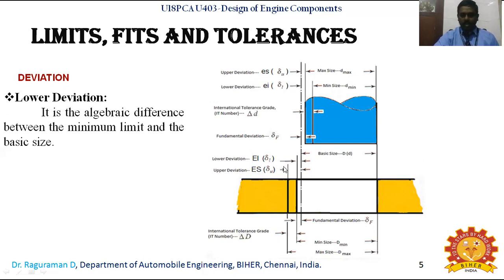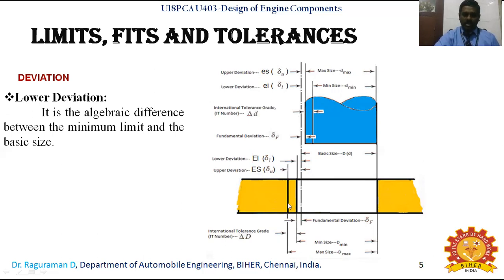Similarly, here you will see the lower limit for the case of a hole system. The minimum size is here. Let's see, the minimum size of the hole is here, and the maximum size of the hole is here. Because, as you will know, for example, if you take this as 10.02 mm, that is the minimum size.